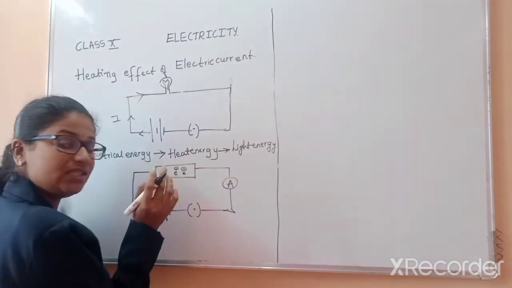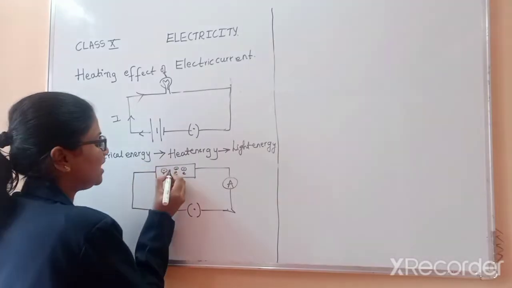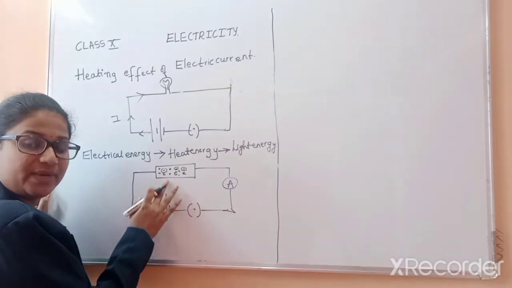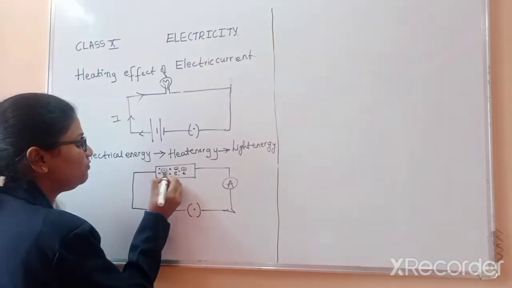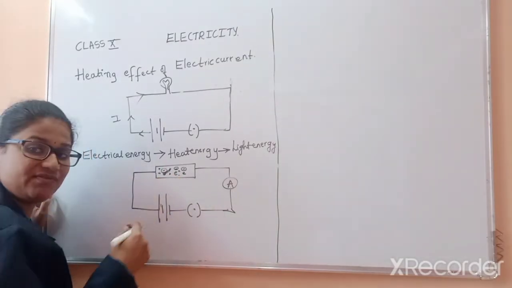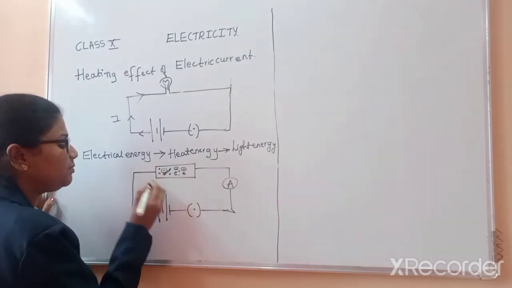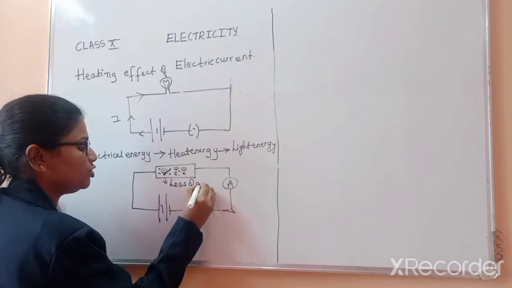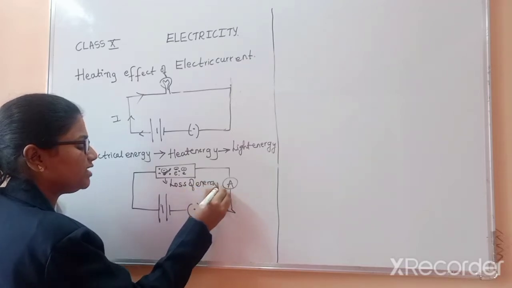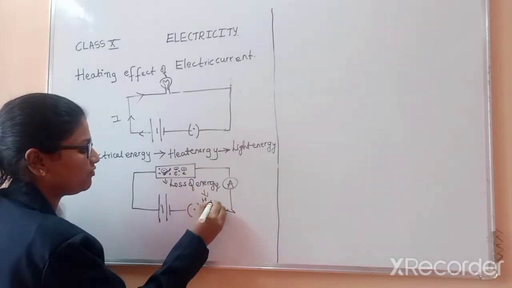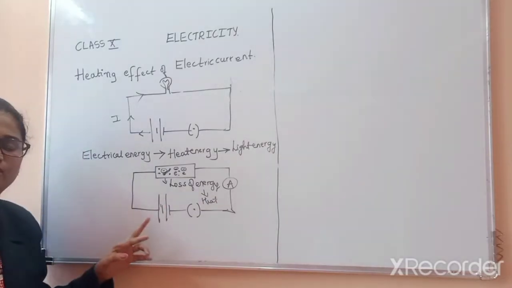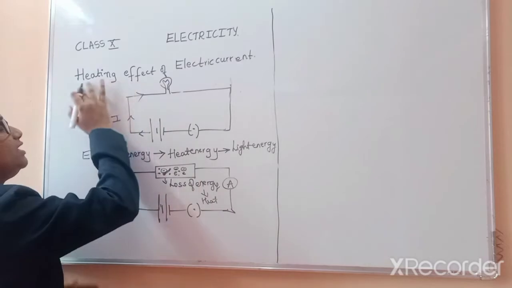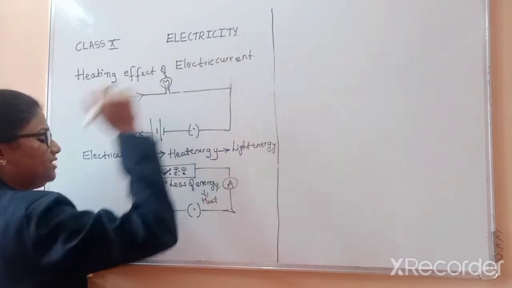When the electrons flow, they collide with the atoms and impurities present inside the conductor. When they collide, there will be a loss of energy. This loss of energy will be in the form of heat. That is why we call it the heating effect of electric current.